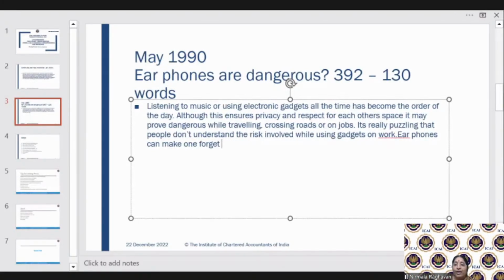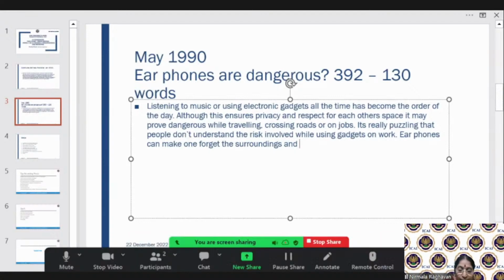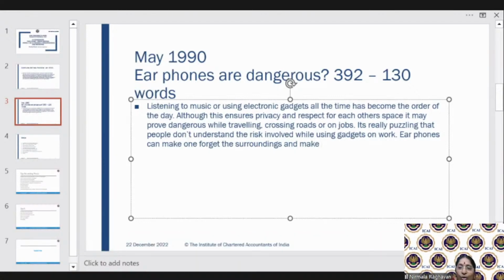While using gadgets on work, earphones can make one forget the surroundings and might prove to be dangerous.